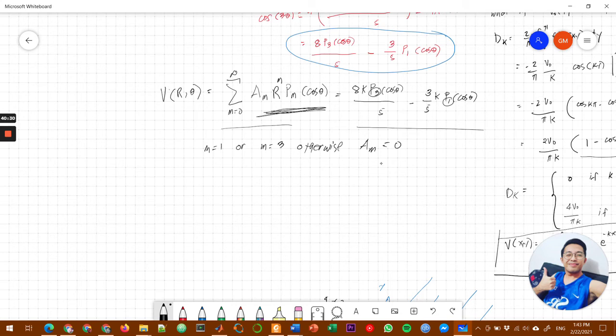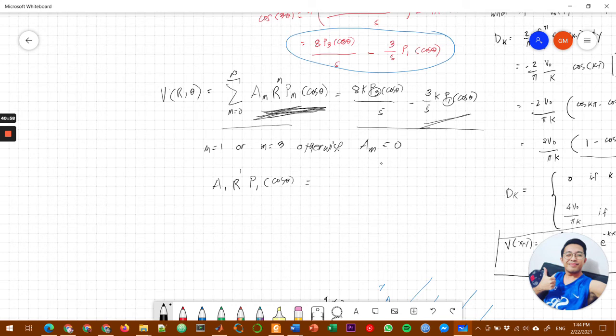So let's consider m equals 1. We have a1, right? Then r to the 1, then sa kani siya nga form, then we have p1 of cosine theta. Then i-equate lang nimo ang katong p1 ra pod nga kani siya nga form. Okay?